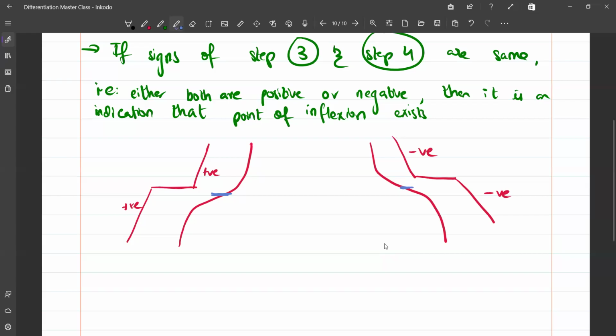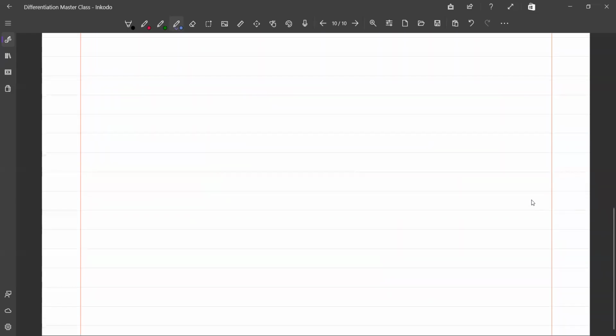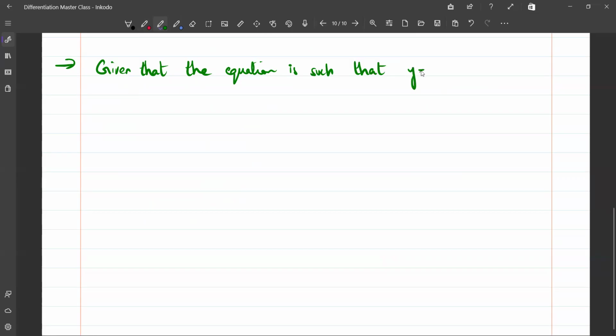Now let's do a question to make things clear. Given that the equation is such that y is equal to x cube minus 3x square plus 3x plus 5.